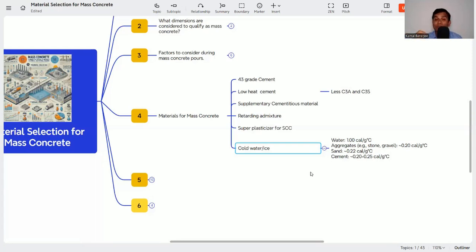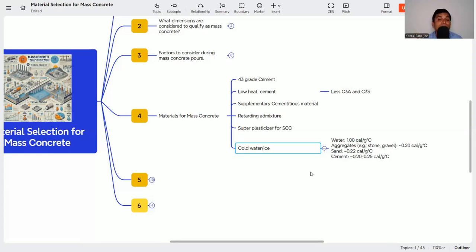Better is the ice, in some percentage of the water. But why ice? Ice is maybe only 180 kilograms in the mix. The mix is maybe 2400 kg per cubic meter, compared to water which is only 180, or 160 or 170 like that. But still, if we use ice, because its specific heat is more, it's 1.